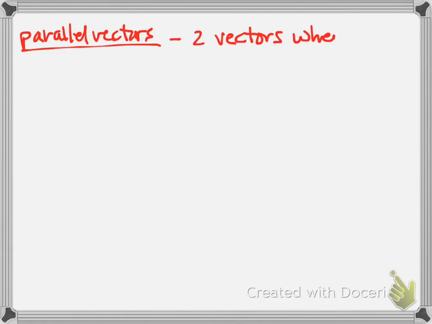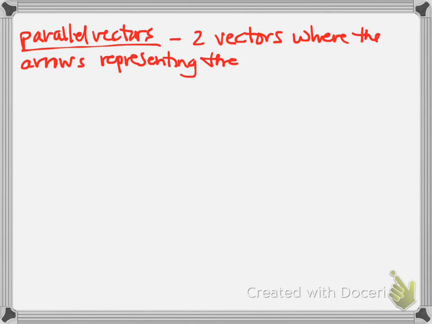Parallel vectors. Those are two vectors where the arrows representing them have the same direction, or opposite directions.